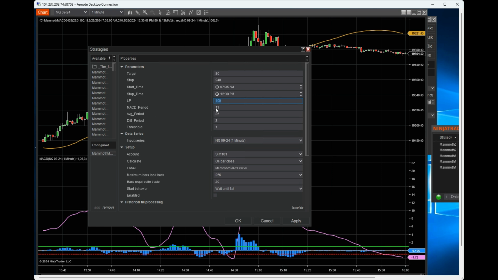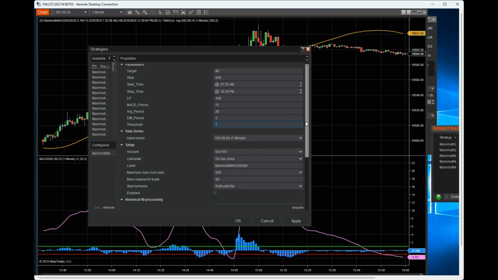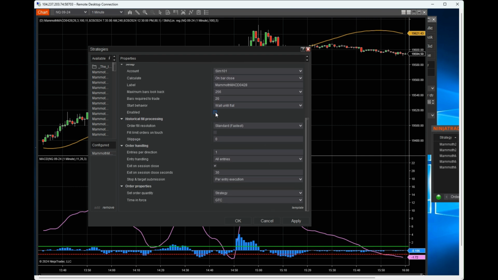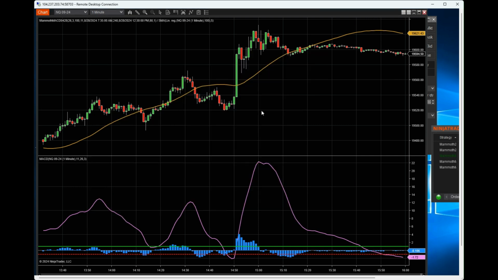Then MACD period 11, and the average period of 26. Diff period is 3, and the threshold is 1, which means plus 1, minus 1, up and down. The rest you don't have to do anything with. And then there's one contract. You can add the size of the contract based on what you want to achieve.